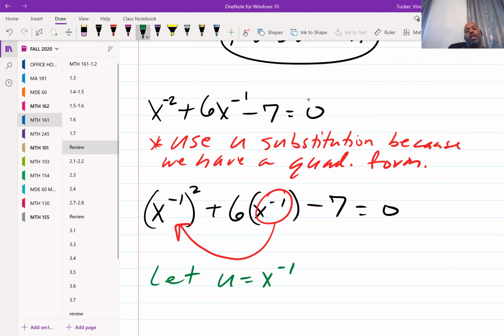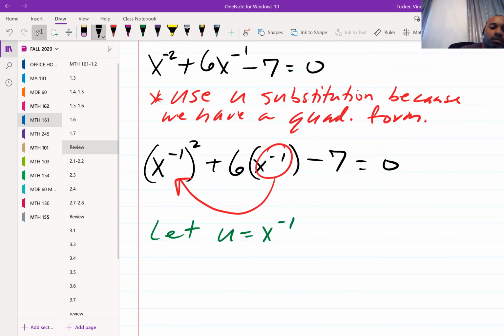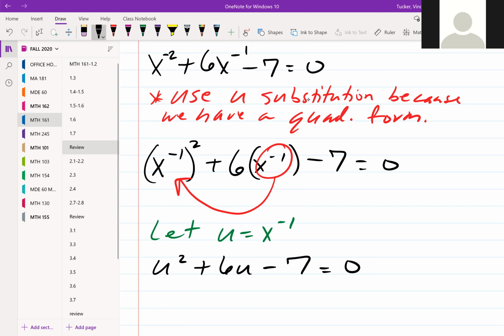So what we'll do is let u be equal to x to the negative first power. So that'd be u squared plus 6u minus 7 equal to 0. So now we have a regular quadratic equation that we can solve for.